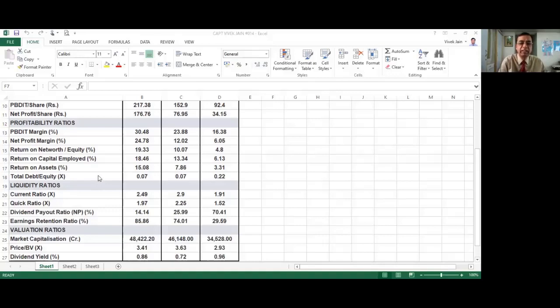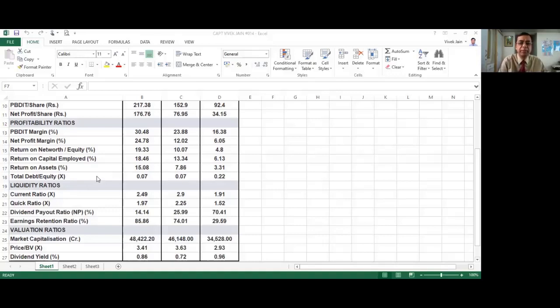A company which is not taking debt is considered to be very good. However, every company does require some working capital, maybe some short-term loan, maybe some loan to tide over a certain extra expense. So a debt equity to some measure is normally quite acceptable.